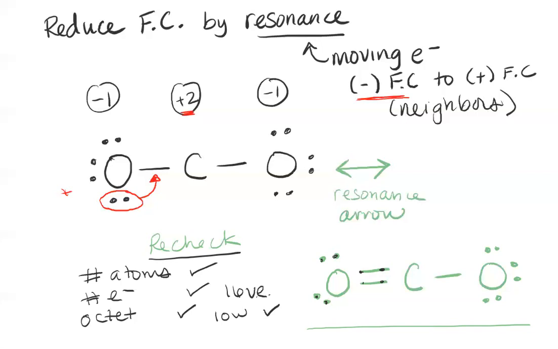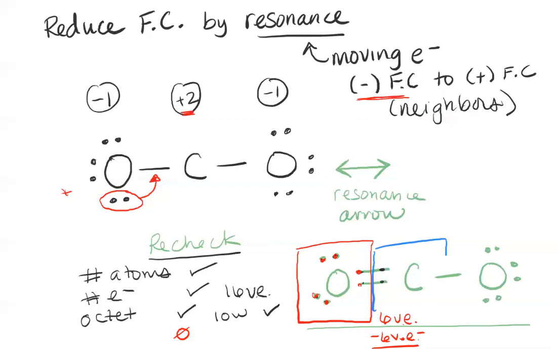So formal charges, again, I draw my box, right? Oxygen has 6 valence electrons. I subtract the number in the box, 1, 2, 3, 4, 5, 6. So that now gives me 0. So the first oxygen has a 0 formal charge.